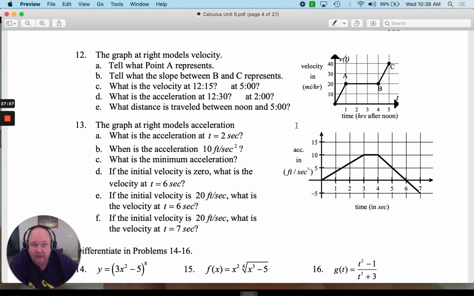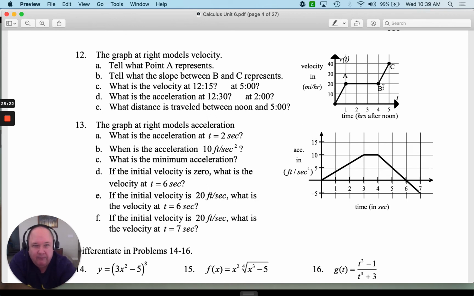So again, the time, so between 4 p.m. and 5 p.m., and what is the slope there? So between 4 p.m. and 5 p.m., the acceleration was, what's the slope?